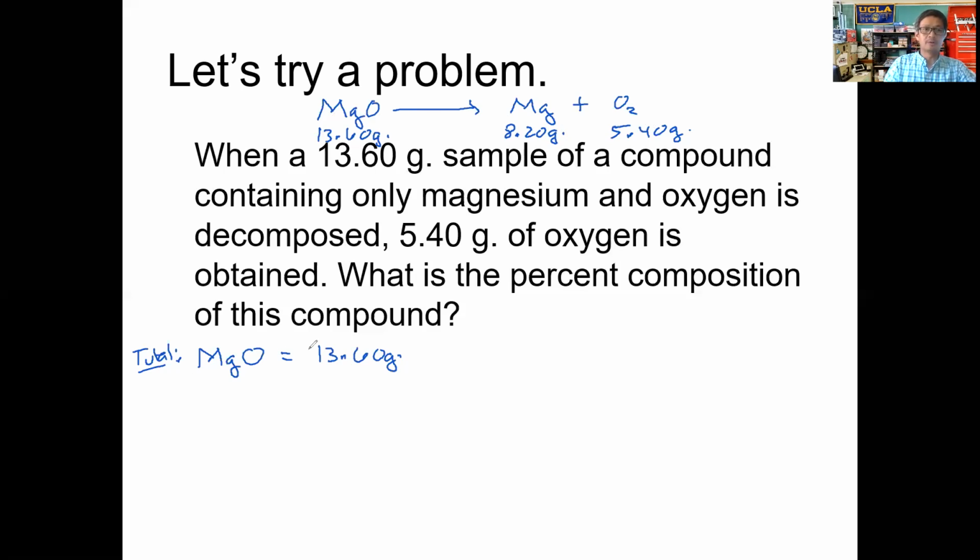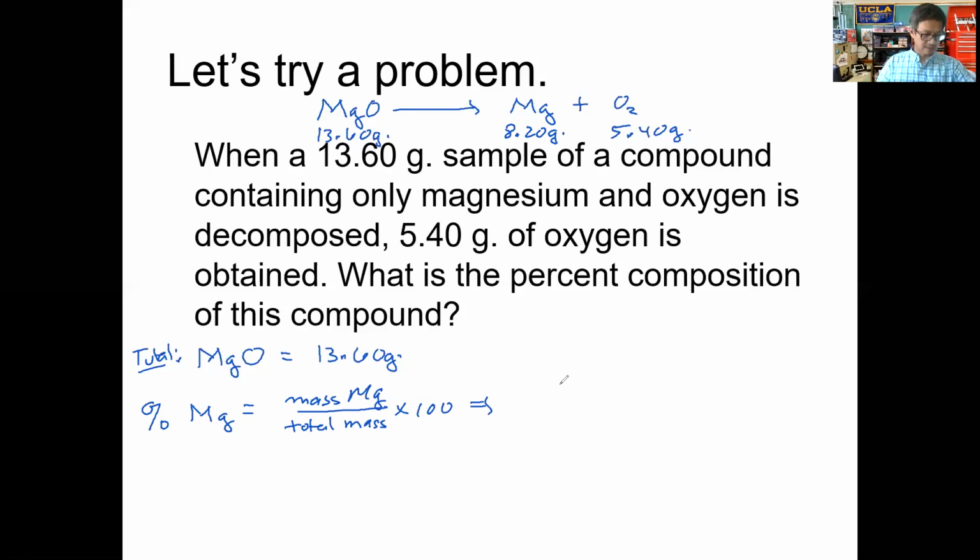So therefore, what we can do is get the percent of magnesium, that is, the percentage of magnesium in magnesium oxide. We're going to take the mass of magnesium, that element, over the total mass of the compound times 100. Let's plug in our numbers.